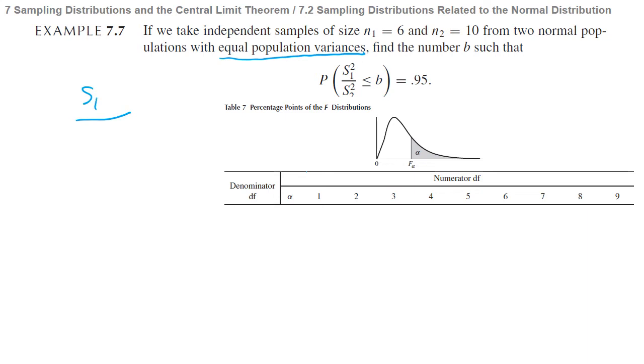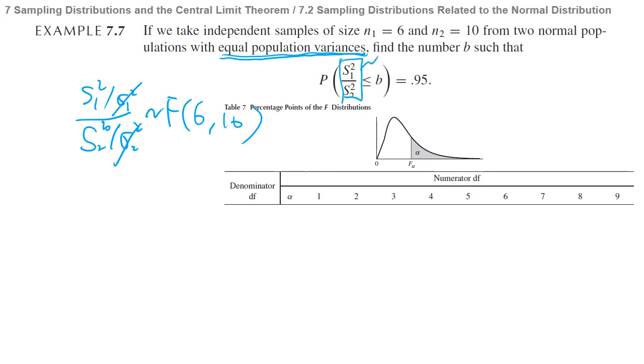We know that S1 square divided by sigma 1 square, over S2 square divided by sigma 2 square, follows an F distribution with 6 and 10 degrees of freedom. Since we assume equal population variances, these cancel, so S1 square divided by S2 square follows an F distribution.